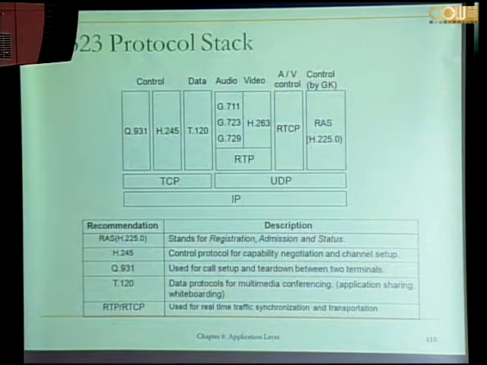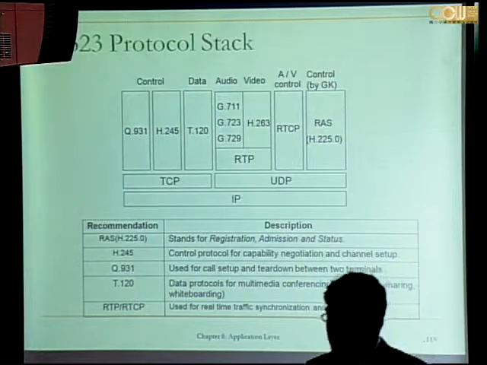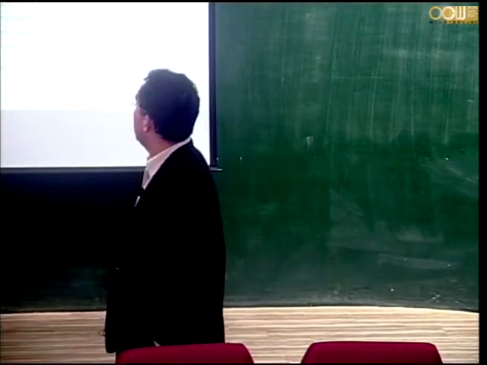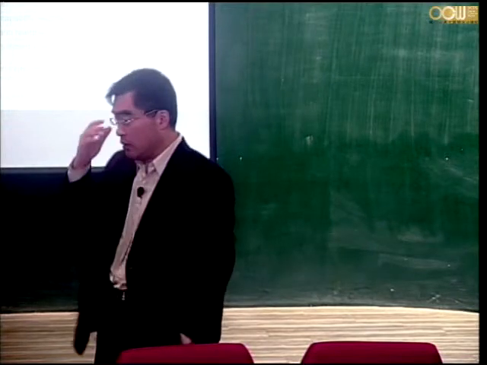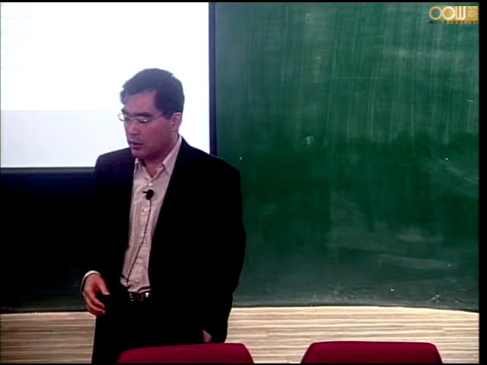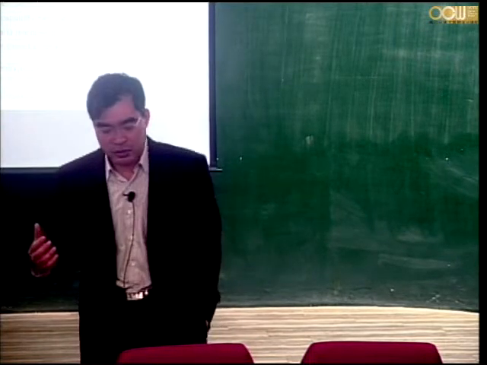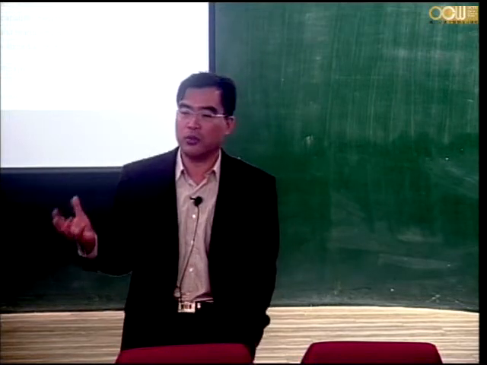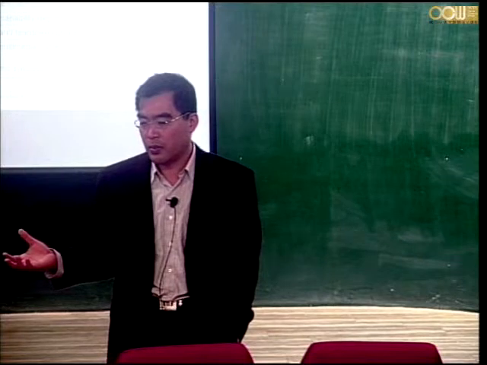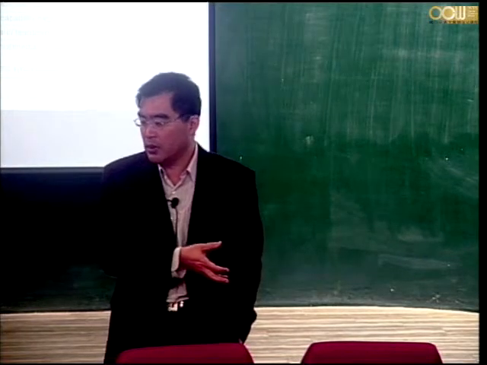The major reason that H.323 has been replaced by SIP is its complexity, especially in the control plane protocols. Simply said, H.323 was designed by telecom people, while SIP was designed by datacom people.